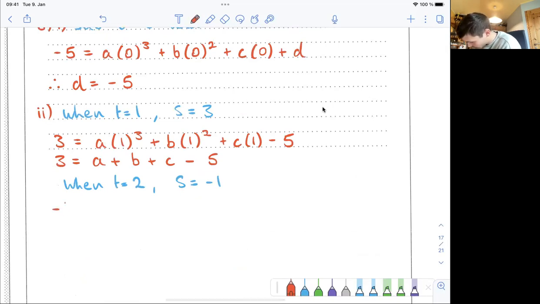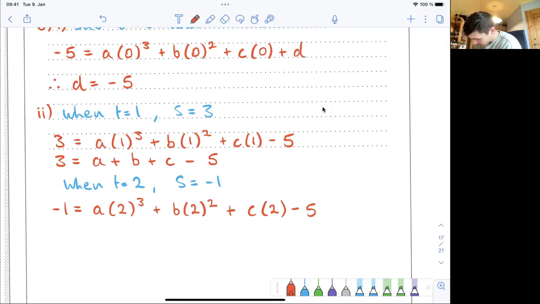We'll say -1 is going to be equal to a multiplied by 2 cubed plus b multiplied by 2 squared plus c multiplied by 2 -5. Now, if we work through this, we're going to get a multiplied by 2 cubed, which will give us 8a.